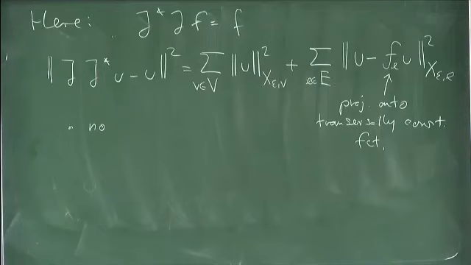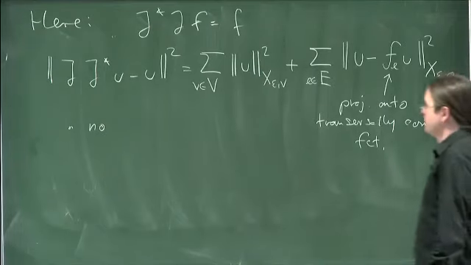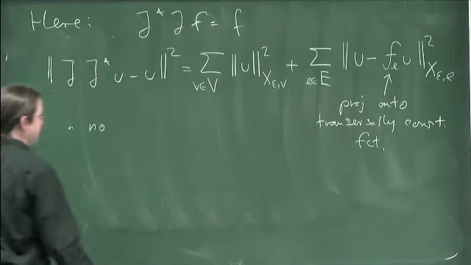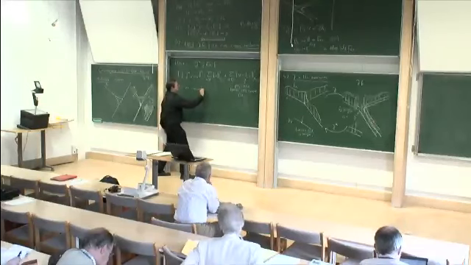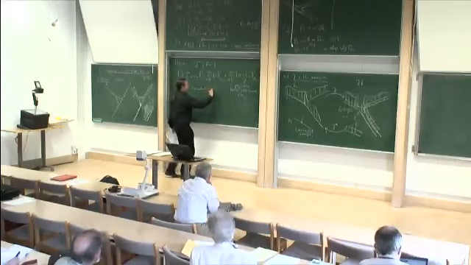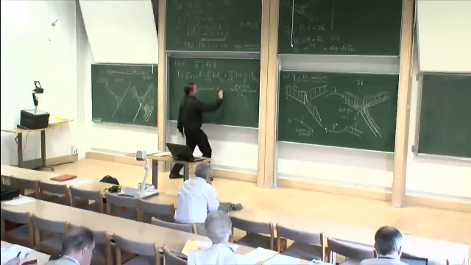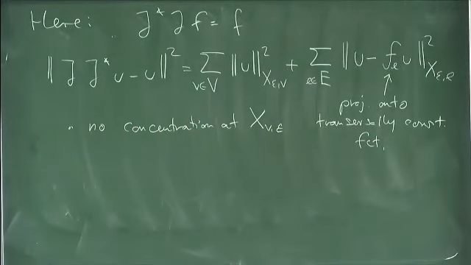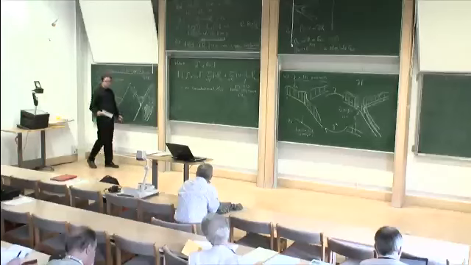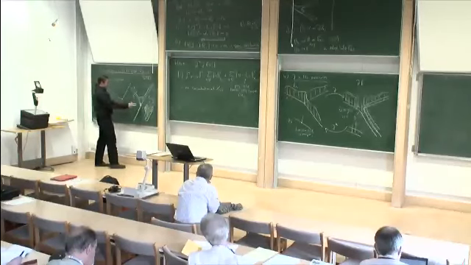But if you have a family of eigenfunctions which stay in a bounded interval with respect to epsilon, then you have no concentration at these vertex neighborhoods here. And basically you need the assumption that I made here, that this is just shrinking to 0 if epsilon goes to 0.